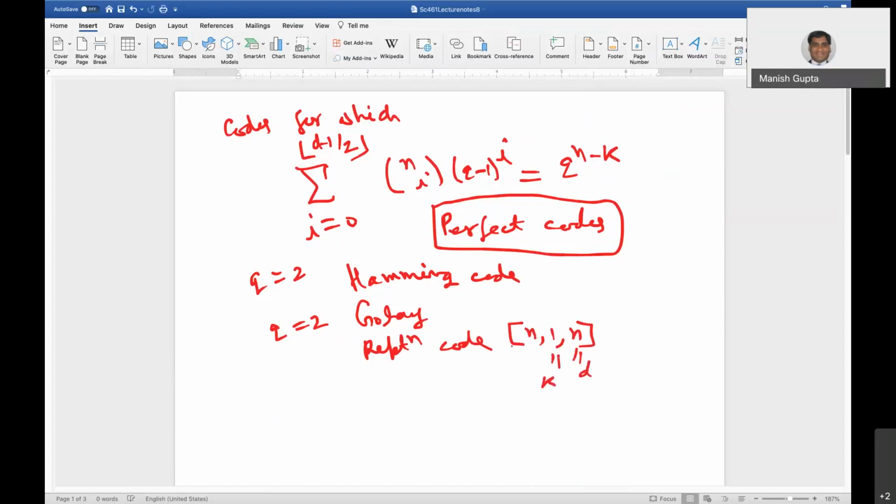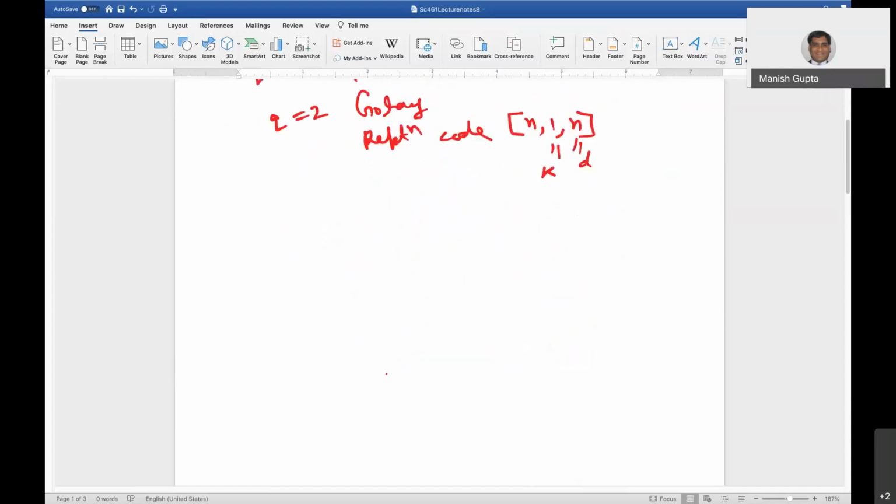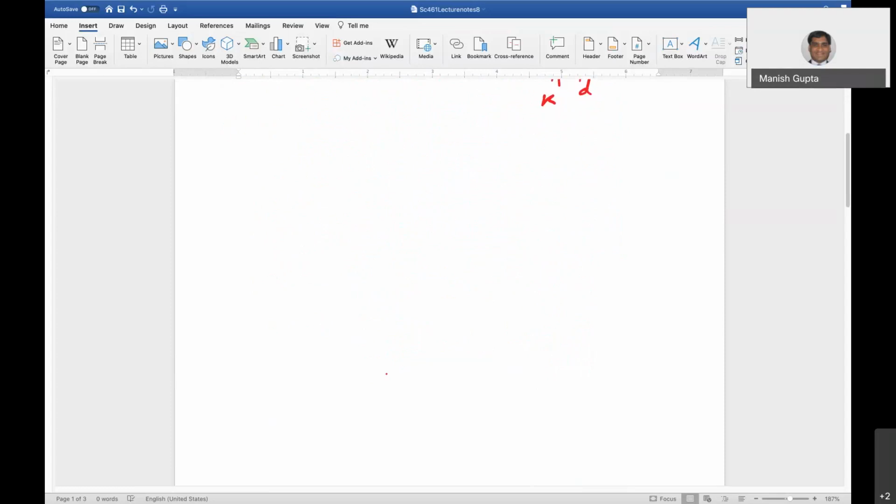So I am going to discuss the Golay code, Hamming code, and repetition code. You can substitute these values here and see that equality will hold. So now we are ready to describe the Hamming code.